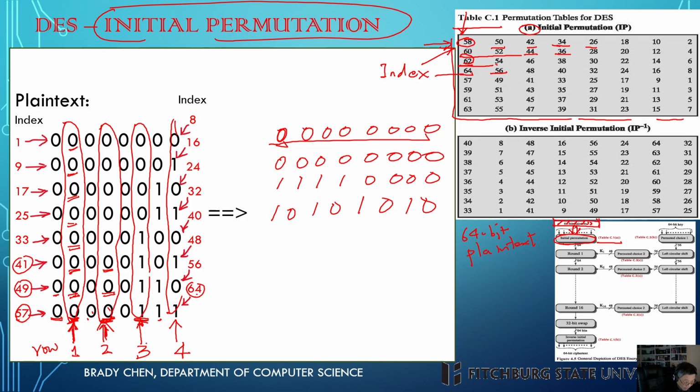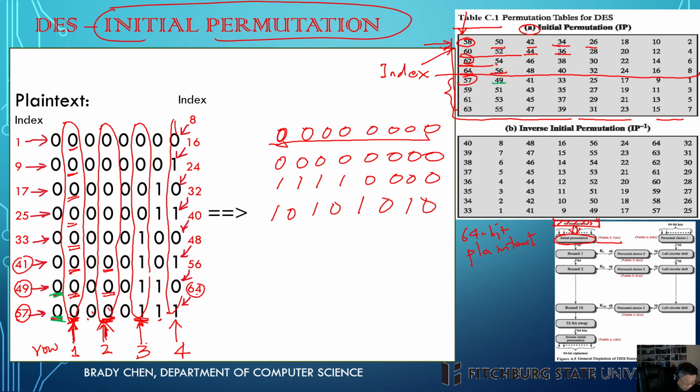So we're done with the first 4 rows, and then look at the next 4 rows. 57. Where's 57? Let me change the color of the pen. I changed to green color. So where's 57? 57 is this, and 49 is this.